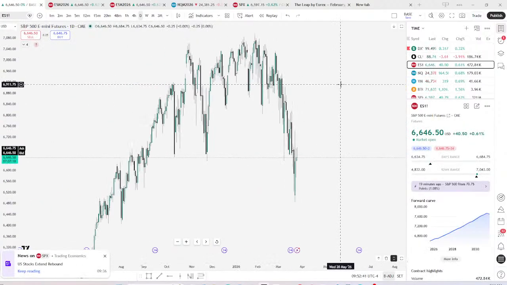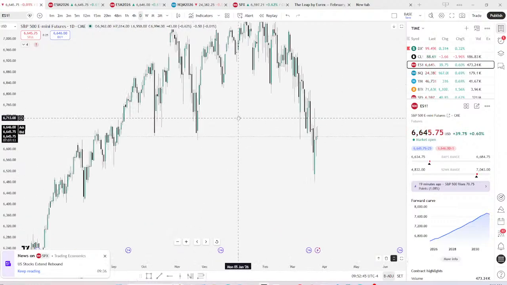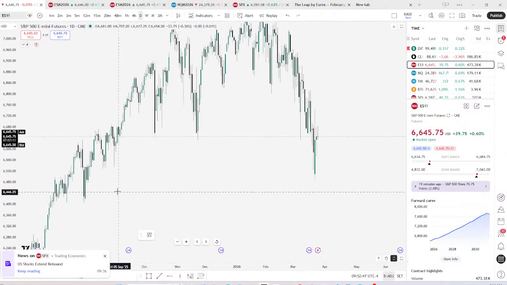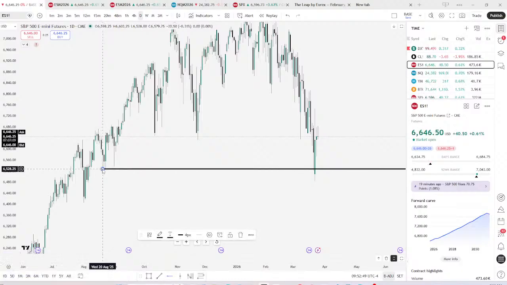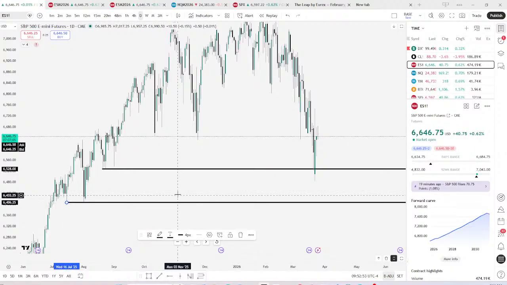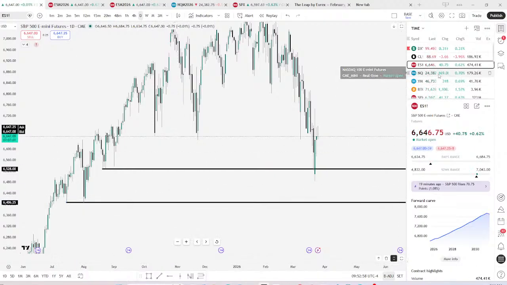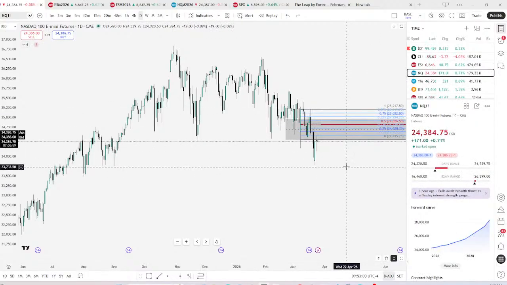So the indexes, we discussed lower prices, mainly looking for this area down here, which was tapped into on the continuous contract, but let's see NQ, not quite.